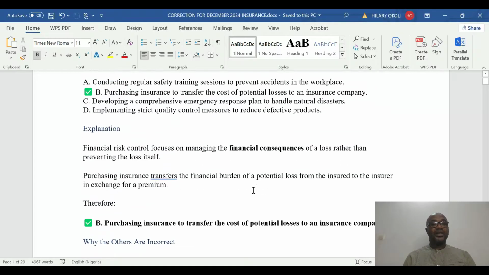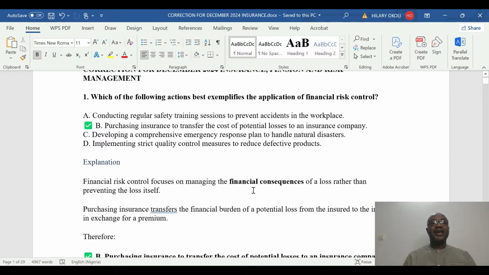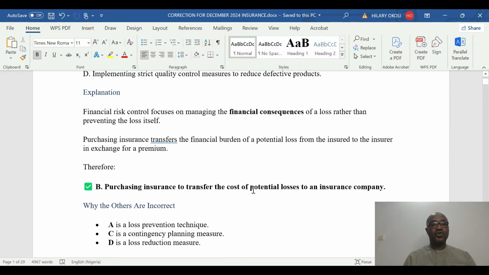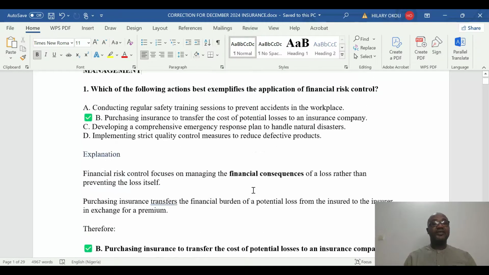So let's look at what they said. A, conducting regular safety training sessions to prevent accidents in the workplace. So it is not the best that is exemplified. Rather, A, as we just highlighted here, is just trying to show loss prevention techniques. Then C says developing a comprehensive emergency response plan to handle natural disasters. So it is not the best option with regard to the question being asked.